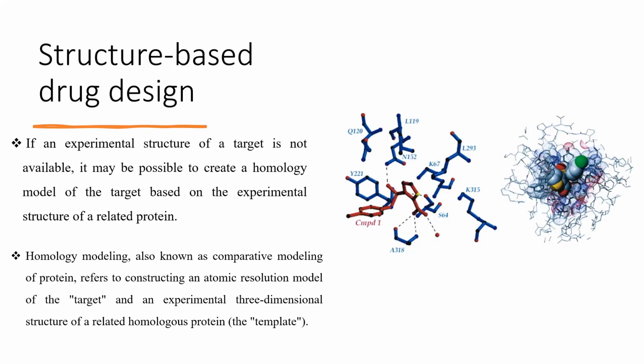Now, if you don't have the structure, all you need to do is paste the sequence of a particular protein, maybe spike, for example, on a server, an AI server. Based on the information, it is going to search its database for which other protein has a similar arrangement of amino acids to your own sequence that you want to build.